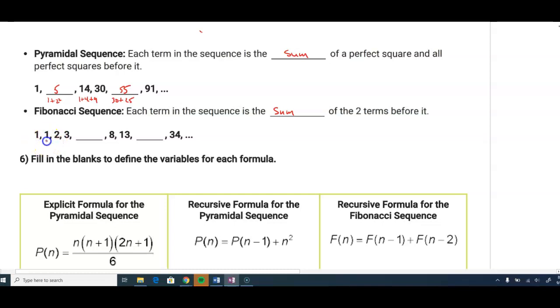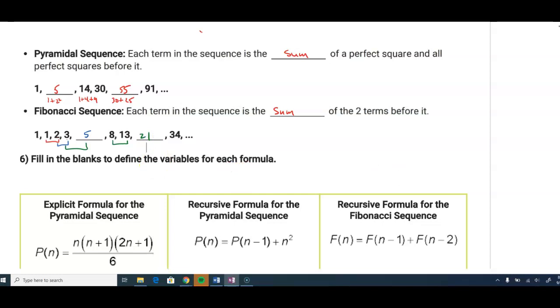The next one would be 1 and 2 give me 3. Now 2 and 3 would give me 5. Now 3 and 5 would give me 8. 5 and 8 would give me 13. 8 and 13 give me 21.